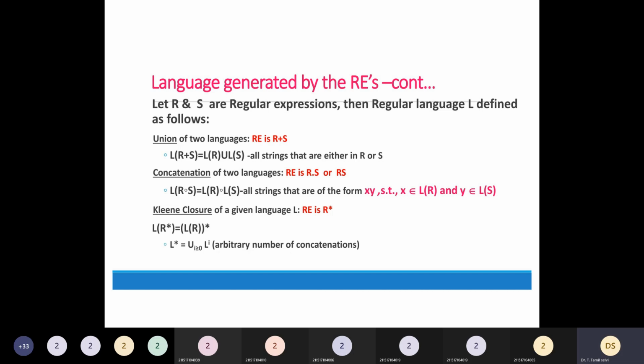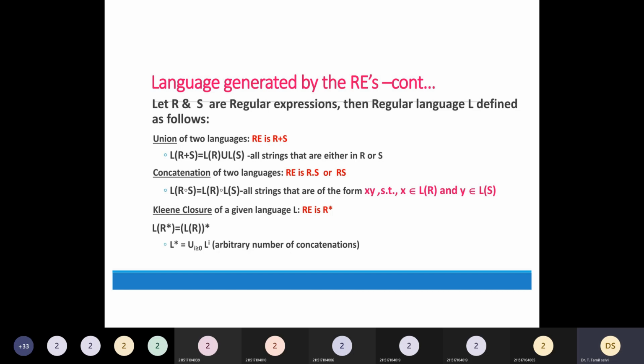Coming to concatenation of two languages. Here we have the same regular expression R, and S is also a regular expression. R dot S means we are going to concatenate two regular expressions, and you can write it as RS.